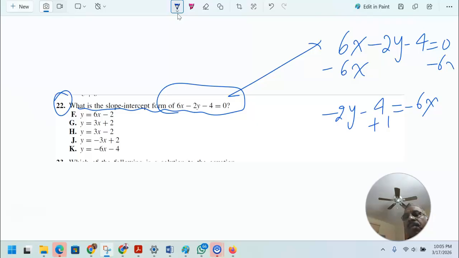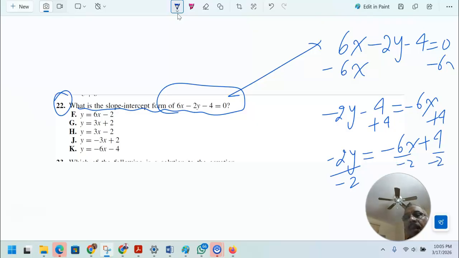Then you add 4 on both sides, so you get minus 2y is minus 6x plus 4. Then divide by minus 2, and you get y is 3x minus 2. Negative makes positive, 2 divides 6 to give 3x, and plus and minus is minus.